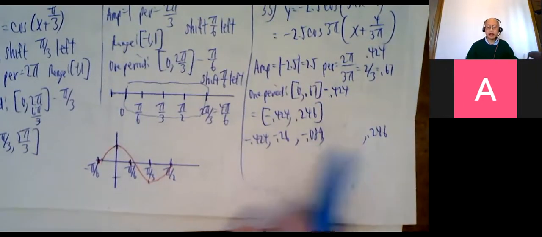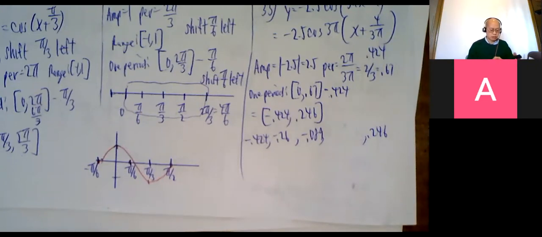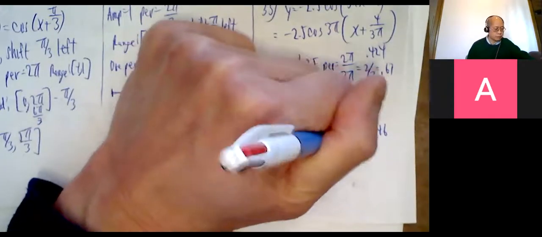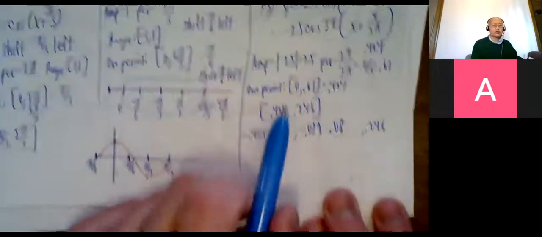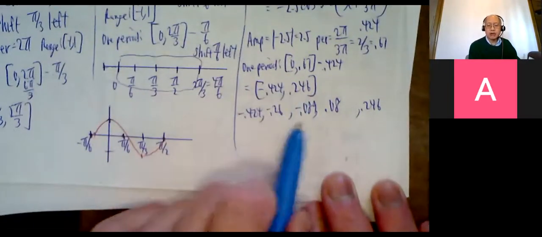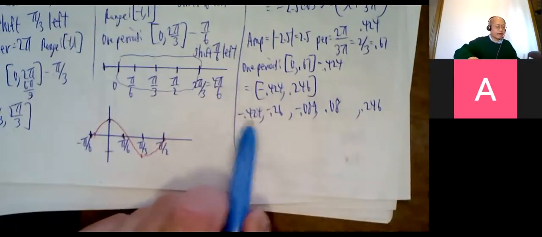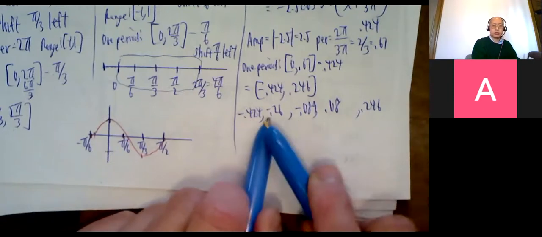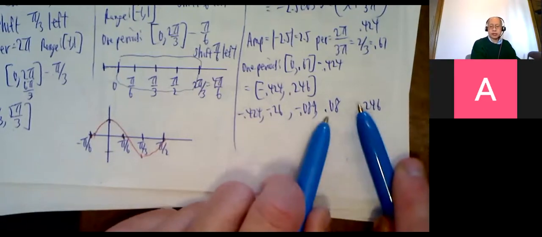And then halfway here, I'll average those two. 0.246 minus 0.089, divide that by 2. Call it 0.08. Okay, so I know it starts here, it ends here, halfway's in the middle. And then I just went halfway between these two to get the quarter mark, and halfway between these two to get the 3/4 mark.